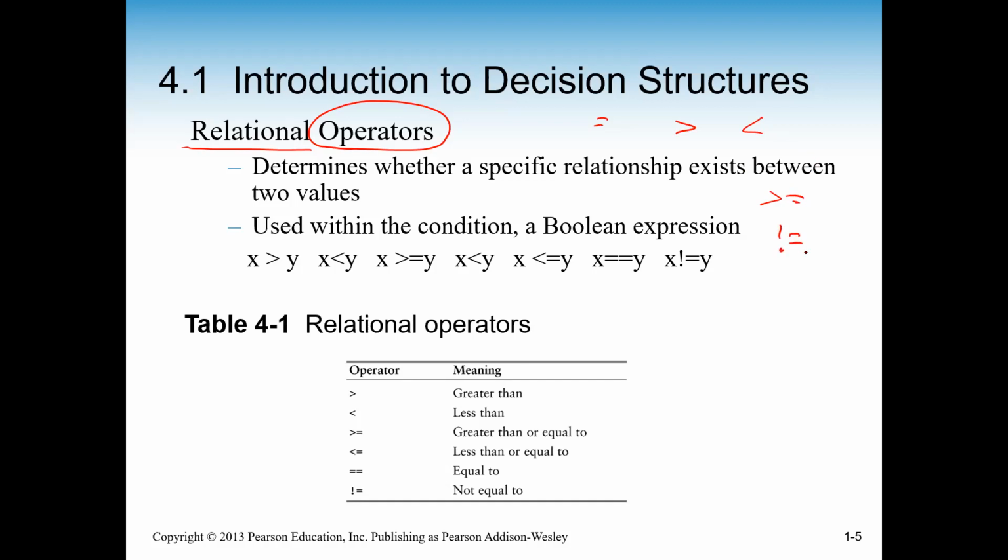Again, this is the pseudocode, and sometimes the pseudocode translates to the actual syntax. Other times it's a little bit different depending on the programming language. But basically, it determines whether a specific relationship exists between two values. So usually, as you can see, there's going to be two variables, x and y, and you're going to compare them. Right? So this is used within the condition, and it's called a Boolean expression.